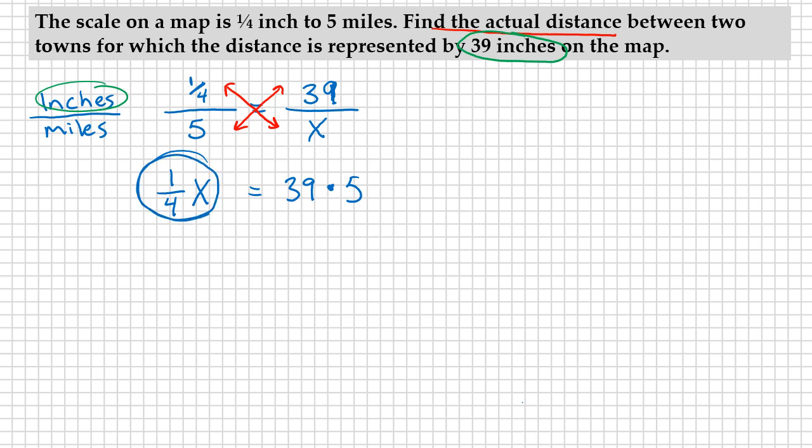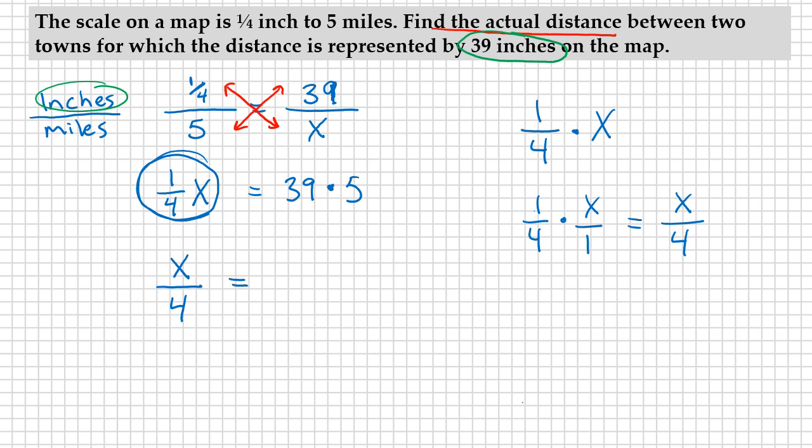A fraction means division, so multiplying by the fraction 1/4 is the same as dividing by 4. So I'm going to write that as x over 4. That's the same as 1/4 times x. You could also think about it like this, 1/4 times x over 1. If we multiply top times top, bottom times bottom, there's another way of looking at x over 4.